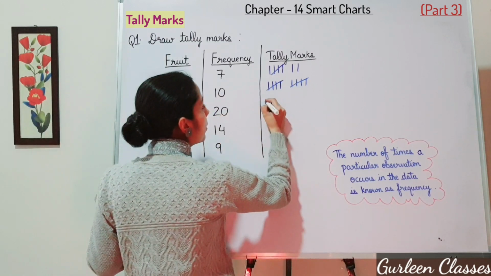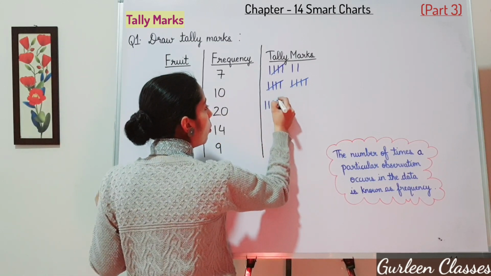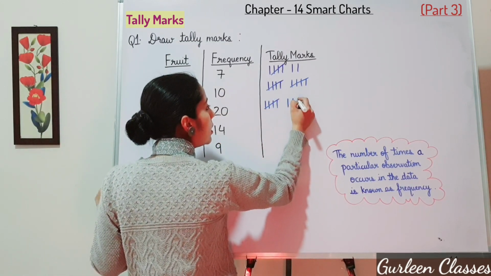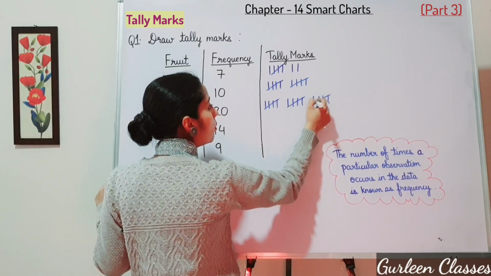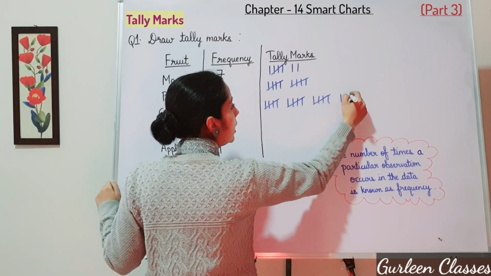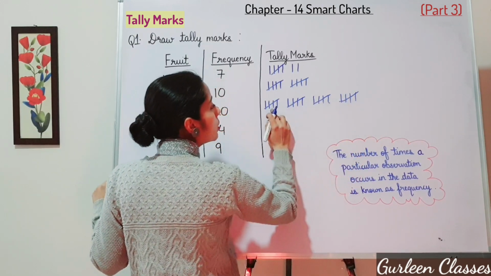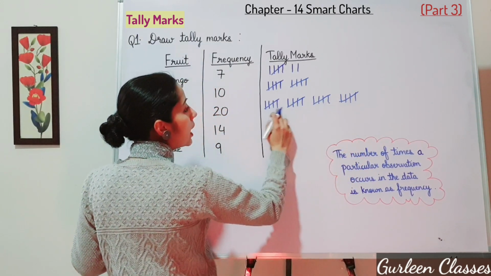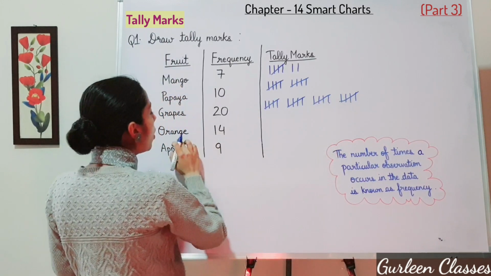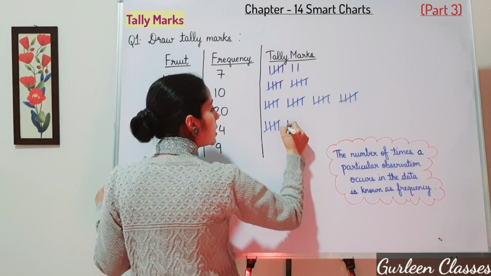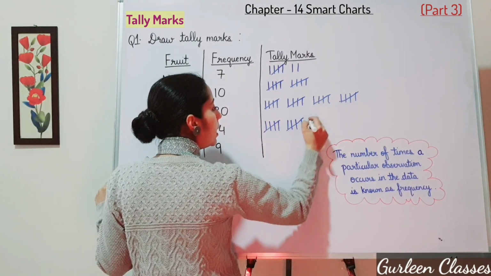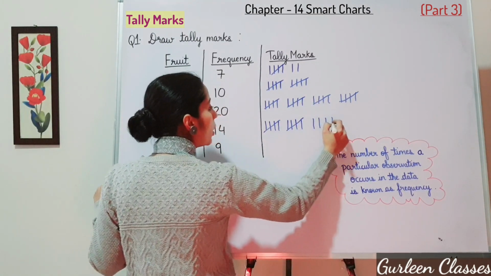Grapes 20: 1, 2, 3, 4, 5, 6, 7, 8, 9, 10, 11, 12, 13, 14, 15, 16, 17, 18, 19, 20. So these are the sets of 5: 5, 10, 15, 20. Orange 14: 1, 2, 3 up to 14.